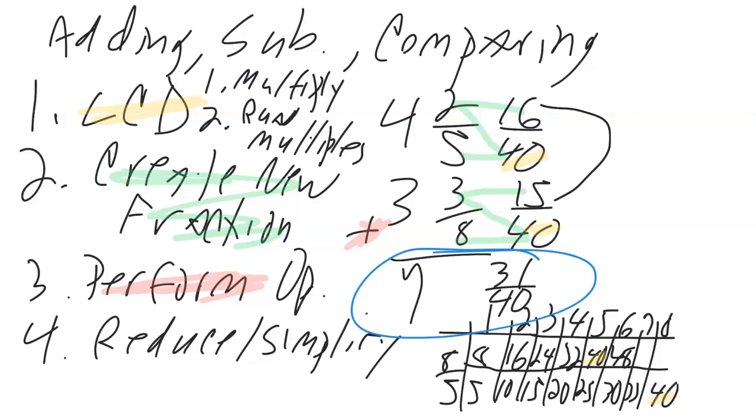So again, the final step would be to reduce or simplify. And so here there is nothing to reduce or simplify. If you need help with that, I do have a pre-GED booklet that you can get that'll walk through some of these more basic steps. But for a GED subject, I'm assuming that you're here and that you would know about reducing and simplifying, but there is none here to do. So 7 and 31/40 is our answer, and so that's how you add.